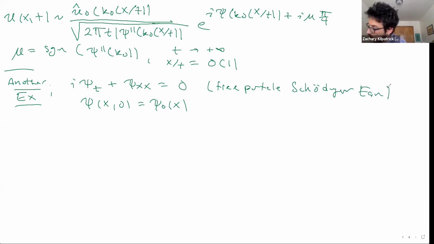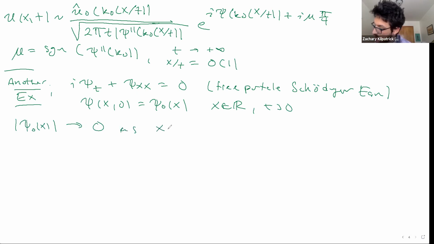Again, it's a type of wave equation, and it's assumed that this amplitude we call psi of x, its initial condition, is going to decay to 0 as x goes to positive infinity. We're going to assume it's properly integrable.